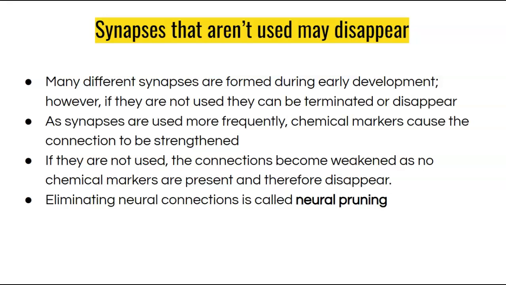So again, if you use it, it's strengthened. If you don't use it, your body will just eliminate it. There's no reason to keep that if you're not using it, because it's just a waste of energy and time.